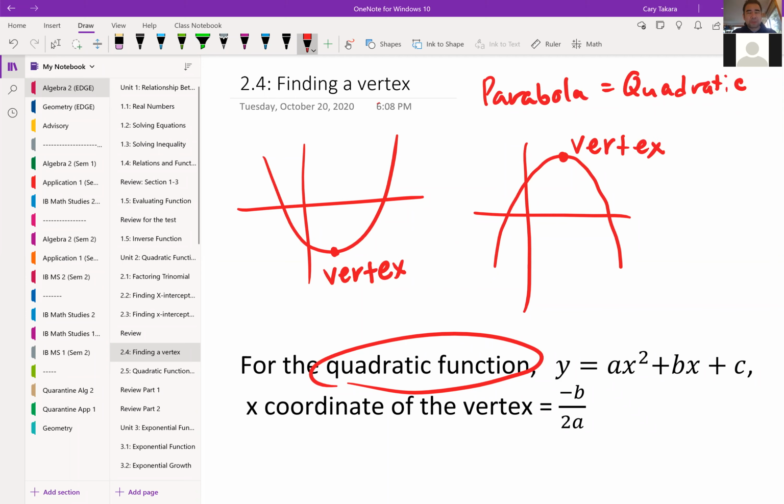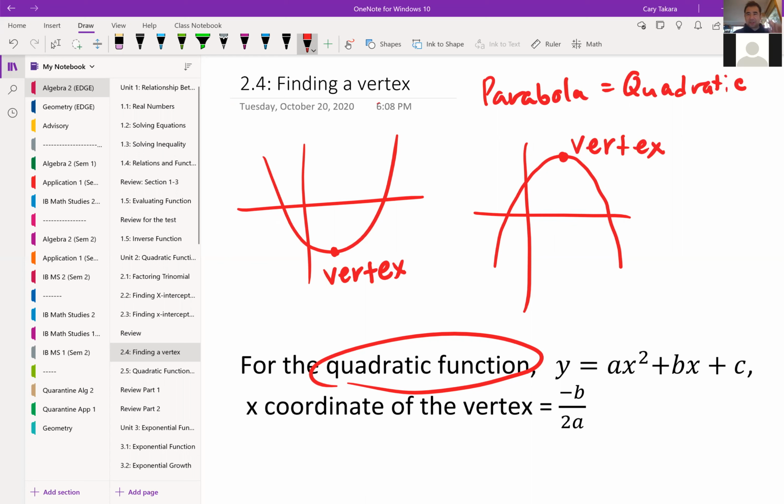Lots of the problems deal with the upside down parabola, because when you throw a ball, or shoot a cannonball, it has that trajectory of a parabolic or quadratic function.